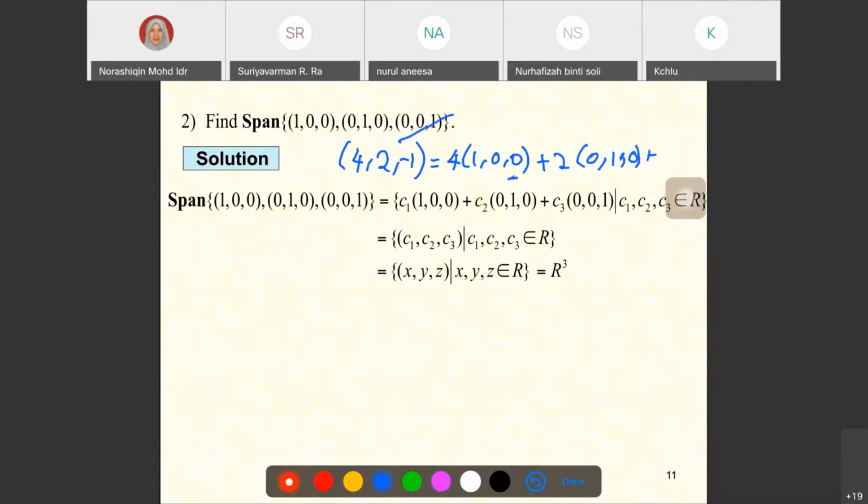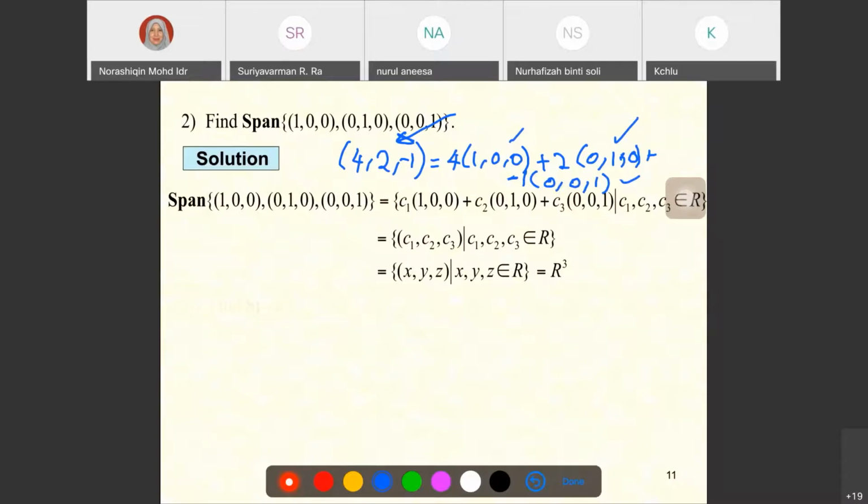No, any vector, I just pick. Okay, so any vector in R3 can be written as a linear combination of (1, 0, 0), (0, 1, 0), and (0, 0, 1).